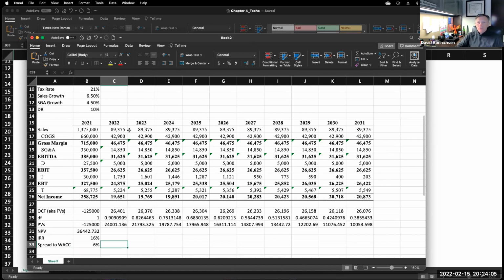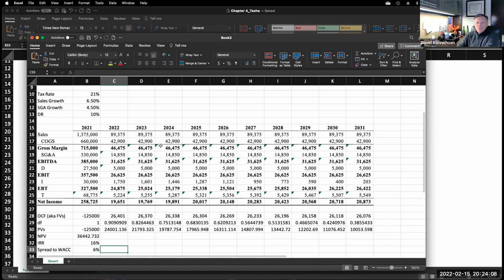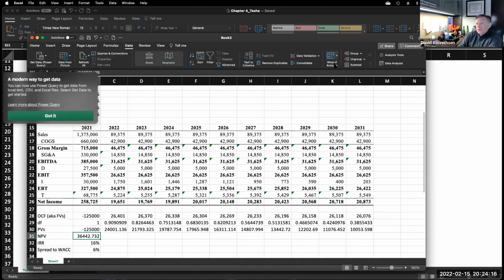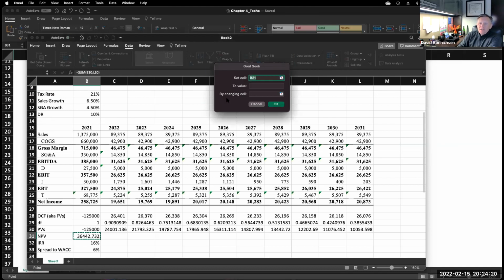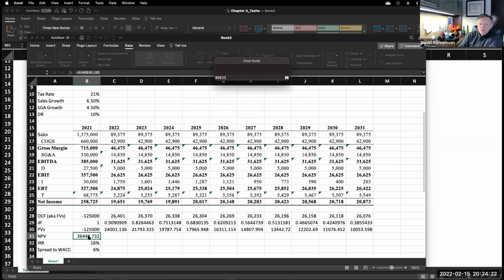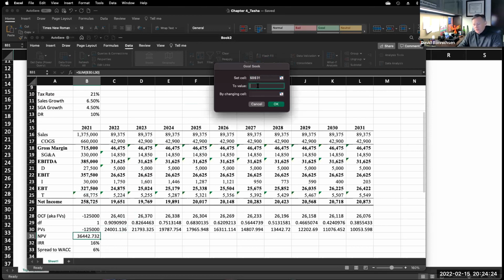So if we did the goal seek like we did last week, where we want to set our net present value to zero, we can go to data, what if analysis, goal seek, set the net present value to zero, and vary the discount rate to do that.